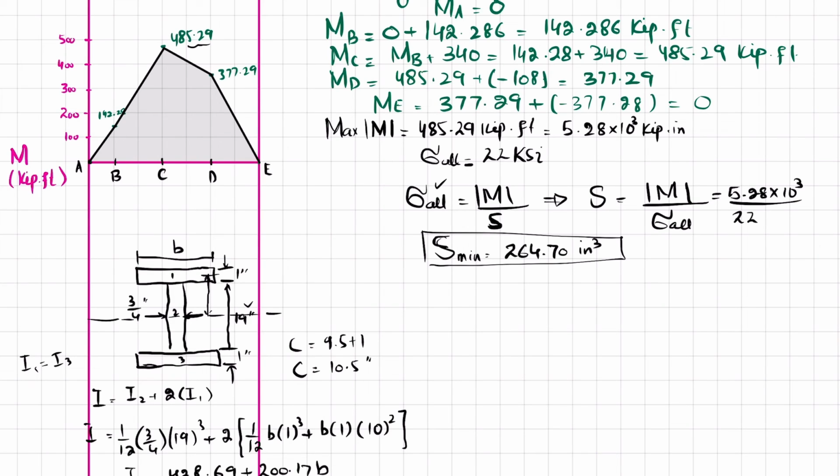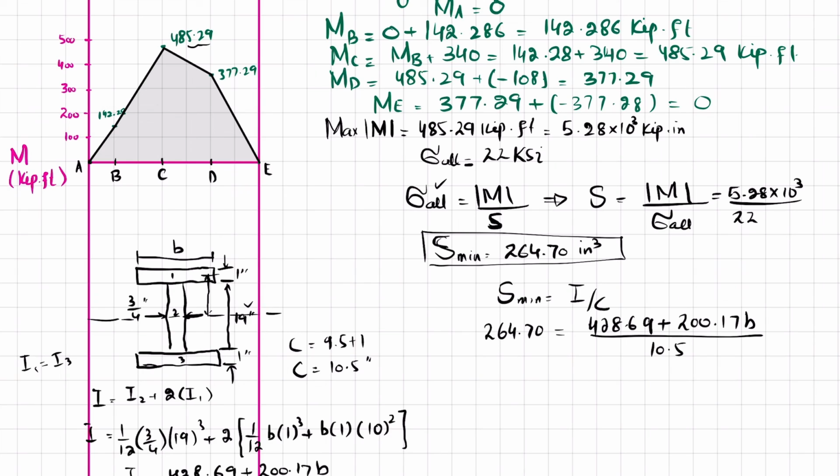Okay, so we know that section modulus minimum is equal to I divided by C. So S minimum, 264.70, is equal to I, which is 428.69 plus 200.17 times B, divided by 10.5.